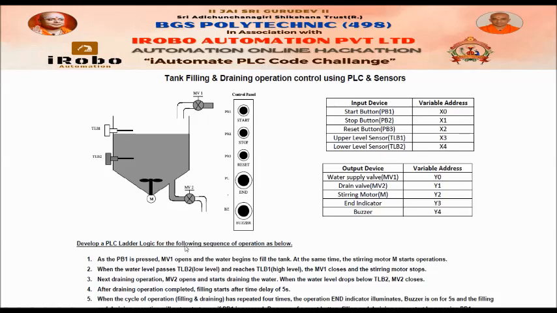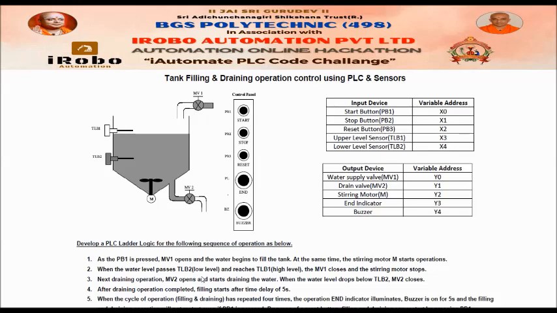The operation required is, by pressing push button PB1, the start button, the initial assumption is that the tank is completely empty. At this point, when PB1 is pressed, valve 1 opens and water begins to fill the tank. At the same time, the stirring motor also starts. That means output MV1 and stirring motor M should start at the same time.